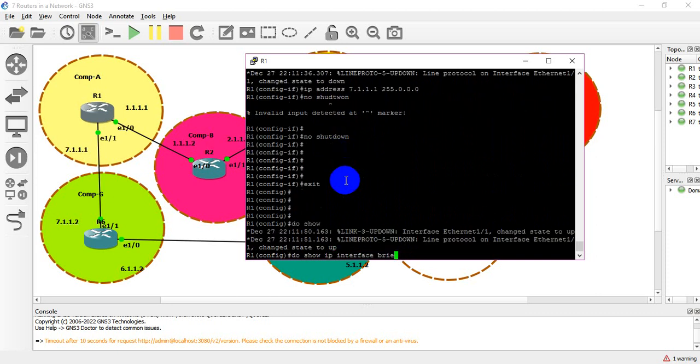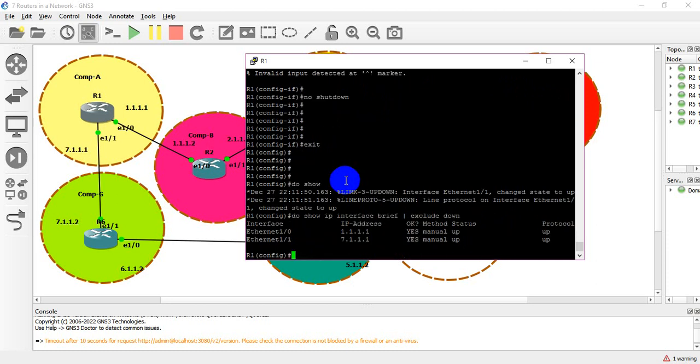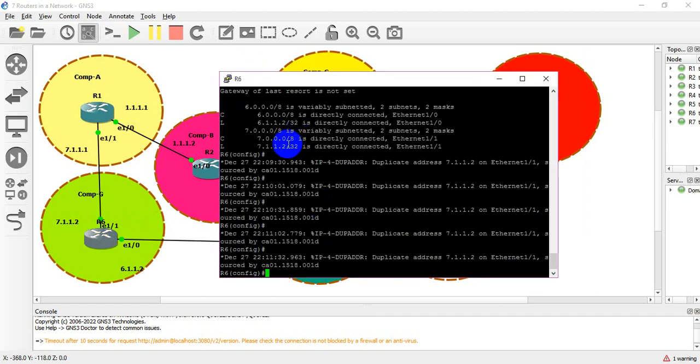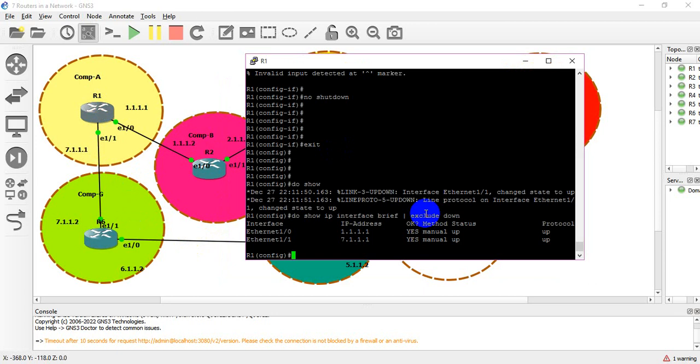And now as you can see, this is 7.1.1.1, and here it is 7.1.1.2. It's now okay.